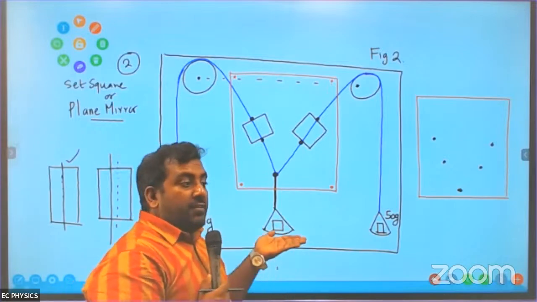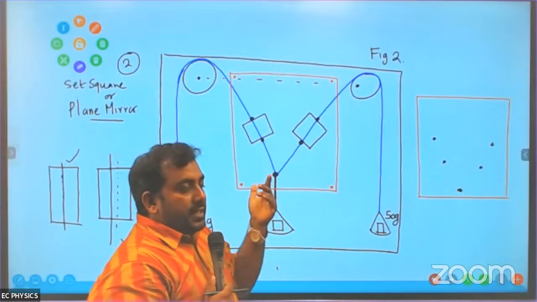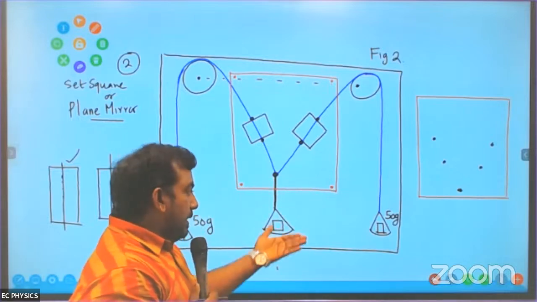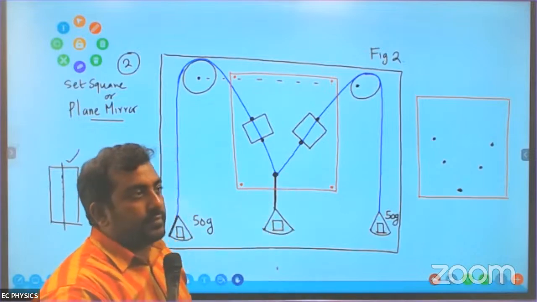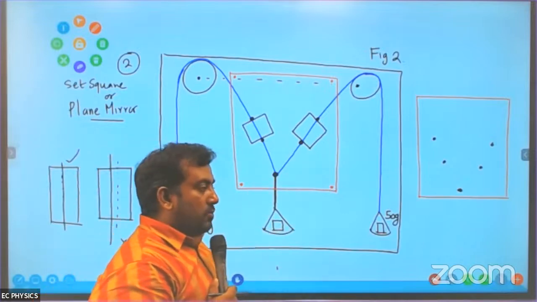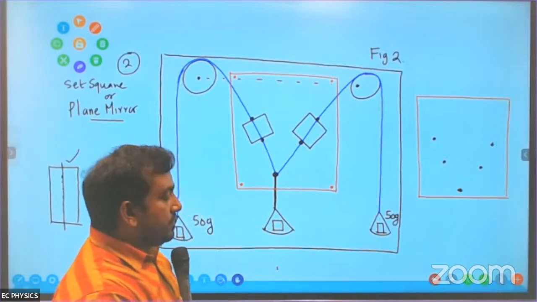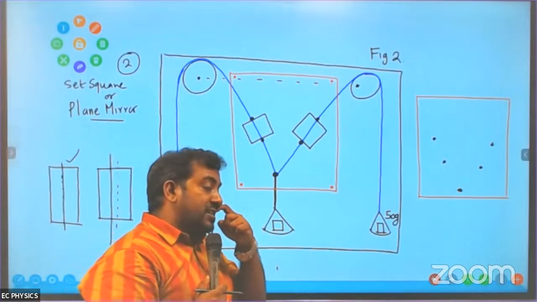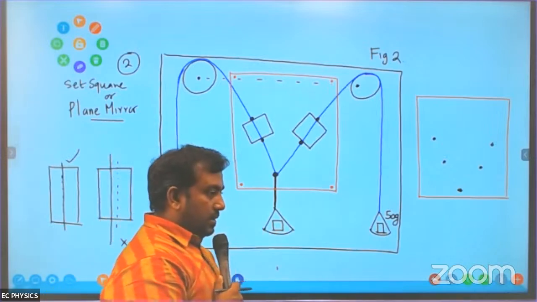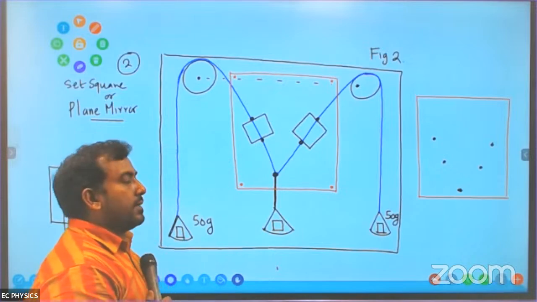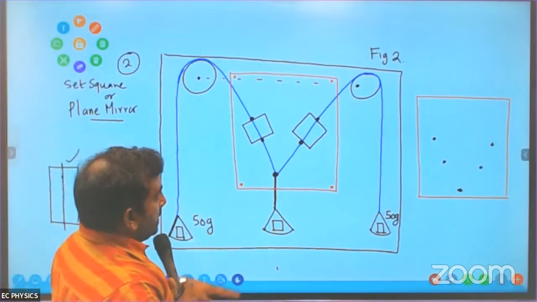If the center weight moves back to the original position, we say that there is no friction in the pulleys.